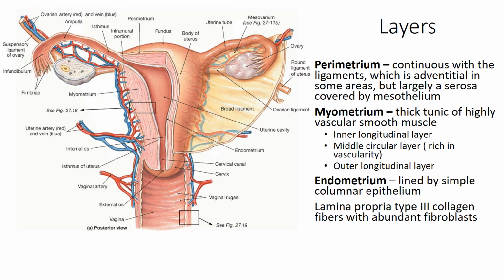Since we know it is anteriorly in continuity with the pouch known as the vesicouterine pouch, and posteriorly the continuity is known as the rectouterine pouch. So the superior surface, anterior and posterior surfaces, are covered largely. Only the inferior portion, anterior and posterior, is not covered.